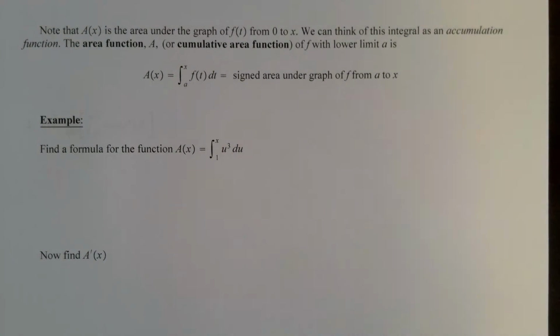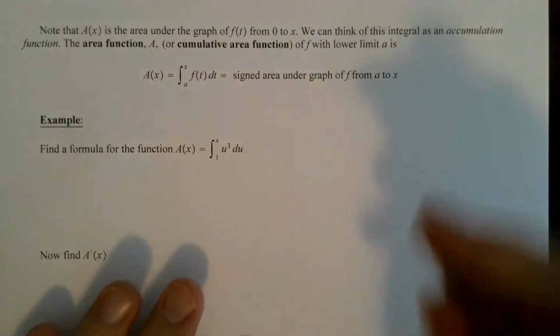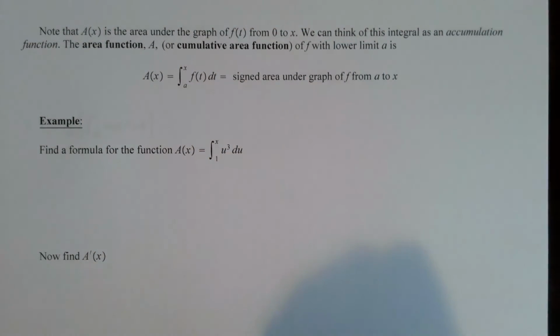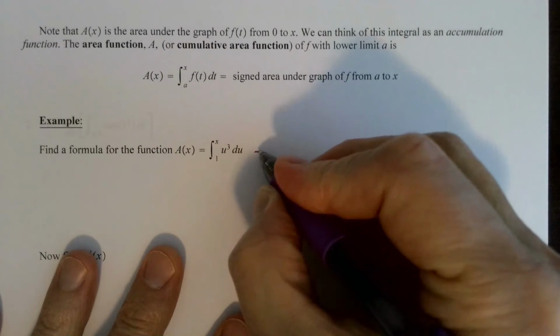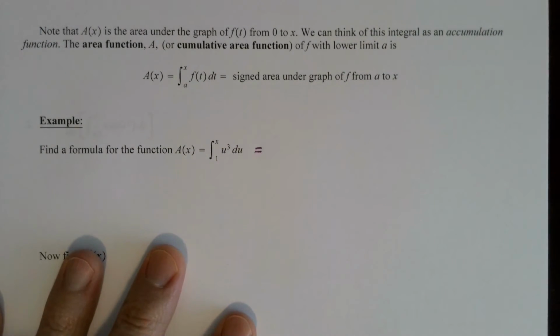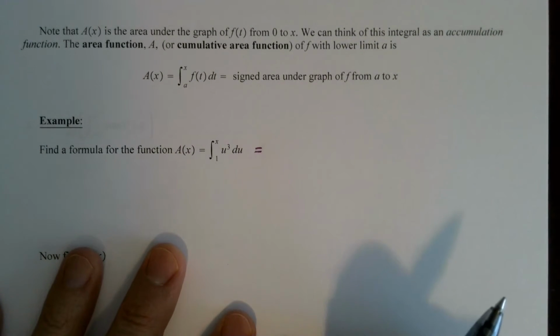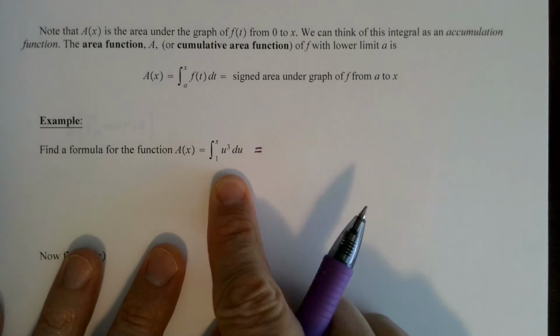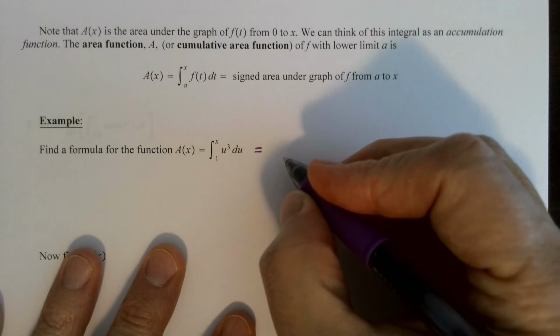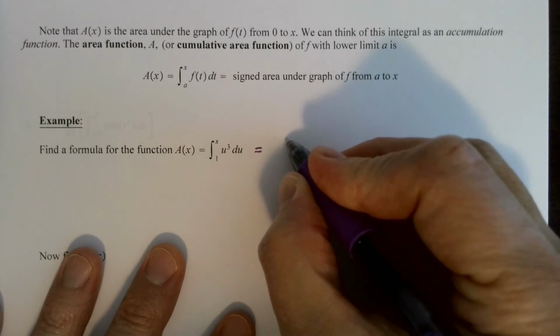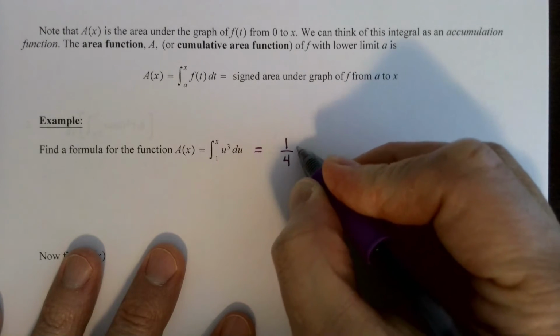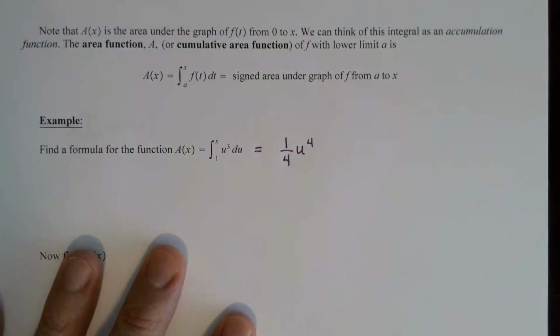Well, we can find a formula for this function, because for u cubed I can find the antiderivative, right? So I can use the fundamental theorem of calculus part 1 to evaluate this. So what's the antiderivative of u cubed? That's 1/4 u to the 4th, right? Just the power rule.